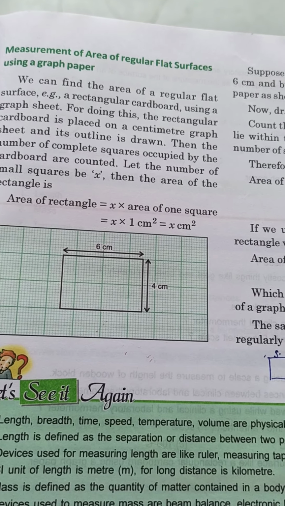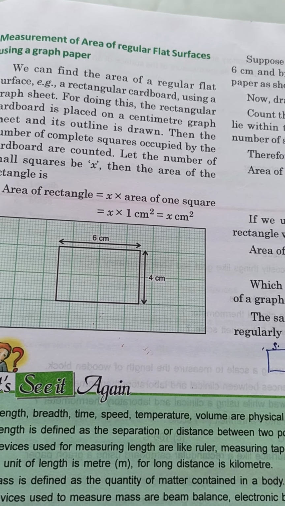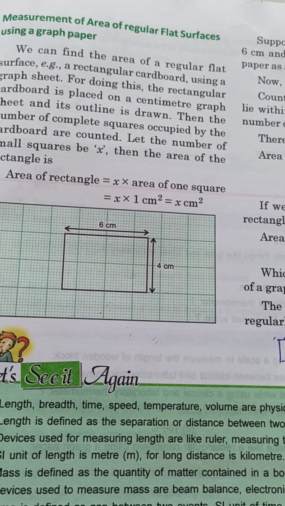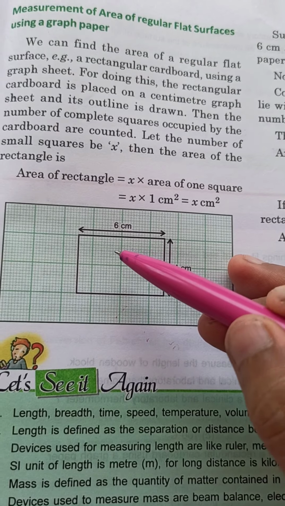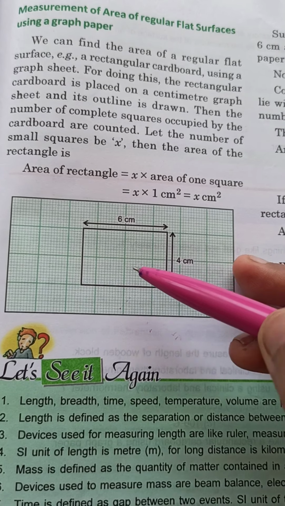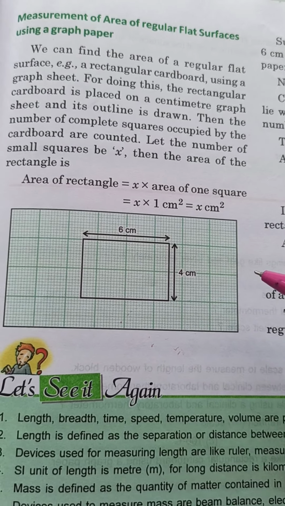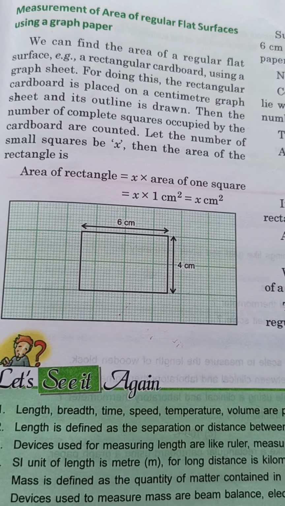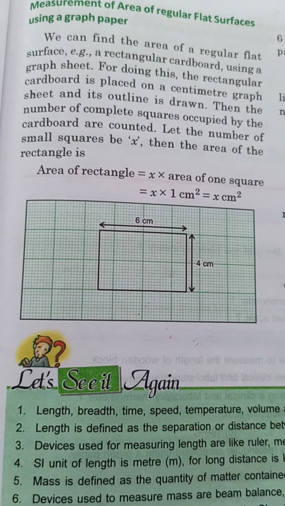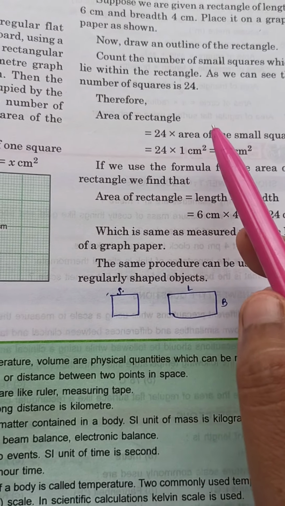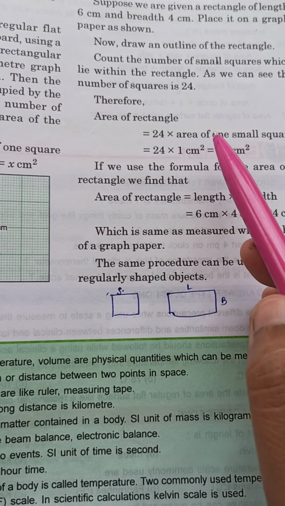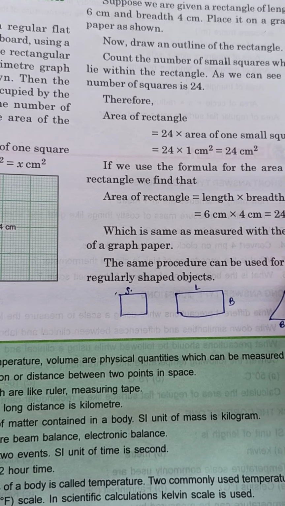As we can see, the number of squares is 24. These are the smaller squares we need to count, and the total is 24 over here. Therefore the area of the rectangle is equal to 24 into area of one small square.